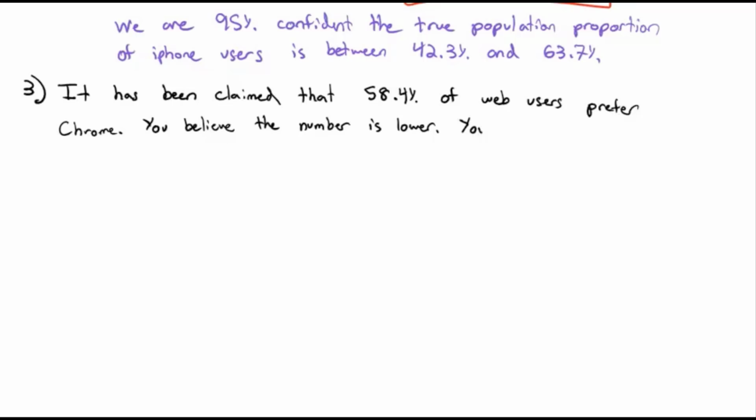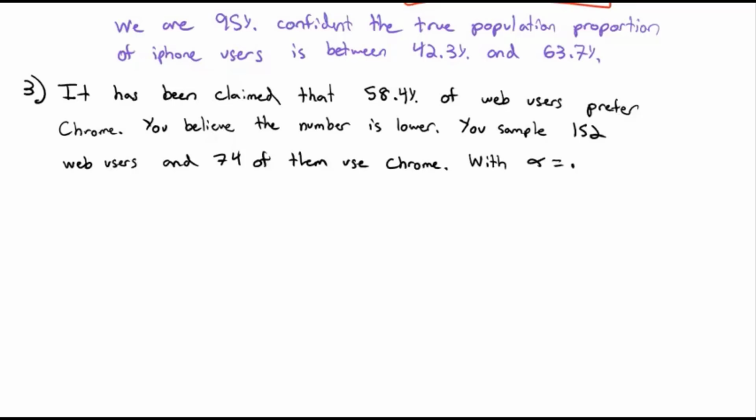You sample 152 web users. And 74 of them use Chrome. With alpha equal to 0.01 this time, we want to be very confident. We're going to go all the way down to a 1% error. What can you conclude?